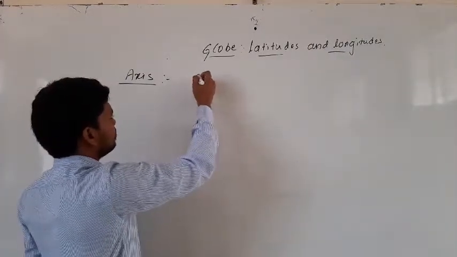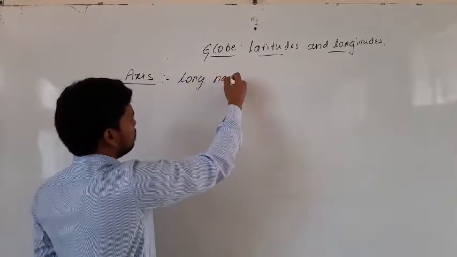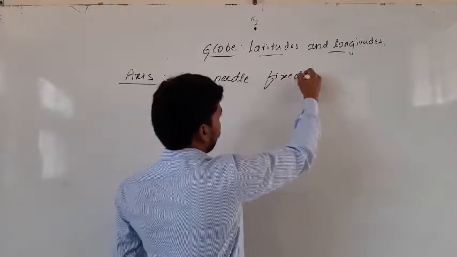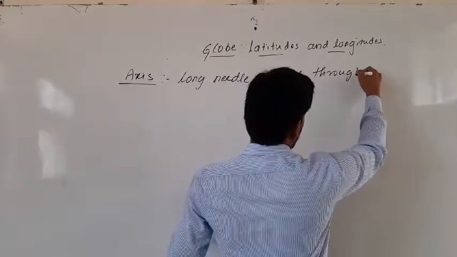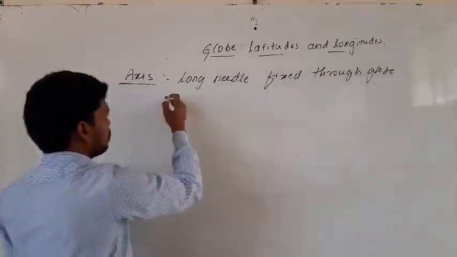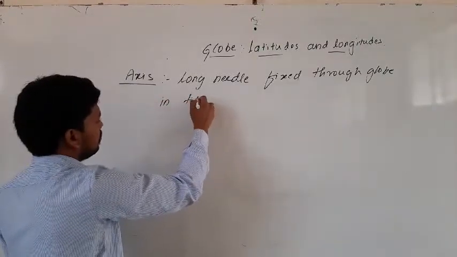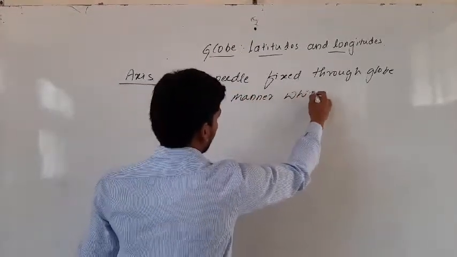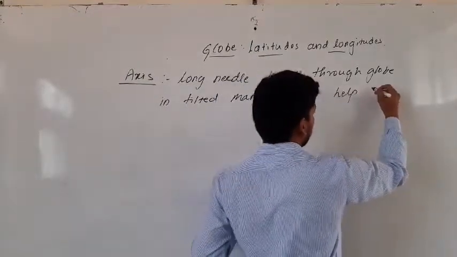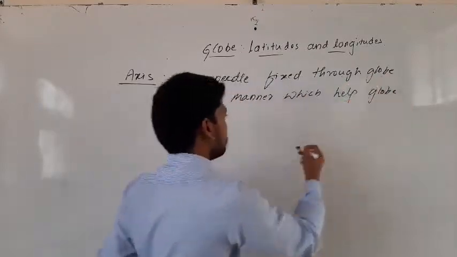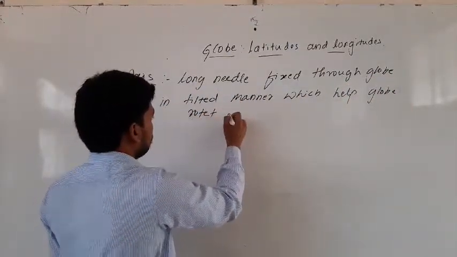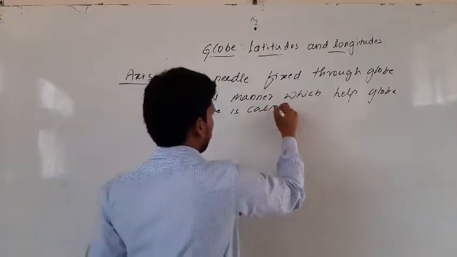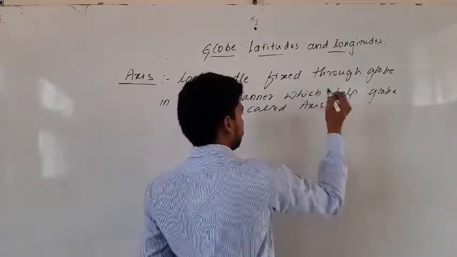Like a straight or long needle which helps the globe to rotate, it is called the axis.